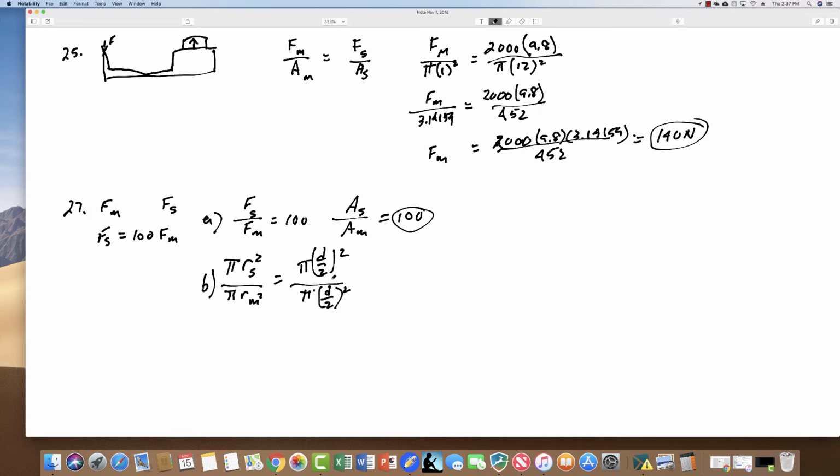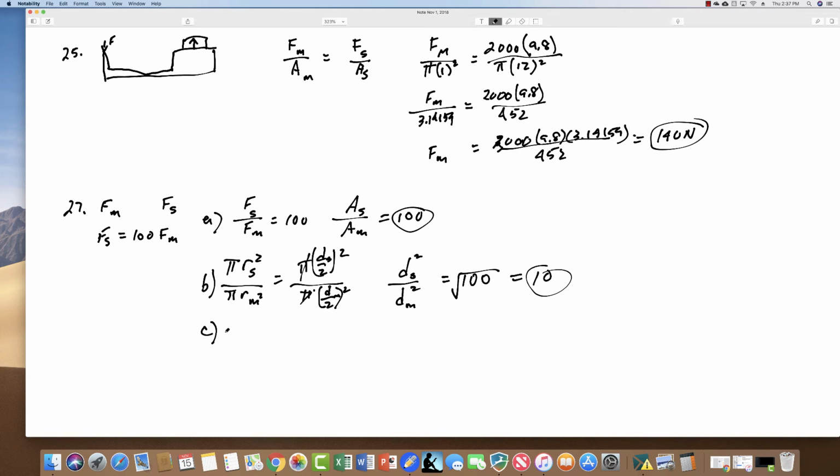And so this is slave and this is master. And so these two cancel out, and after all the math is done, it's going to be ds over d master, each of these squared, is equal to 100. And so that means the ratio is going to be equal to the square root of 100, or 10 to 1. So the ratio of the diameters is the square root of 100, or 10 to 1.